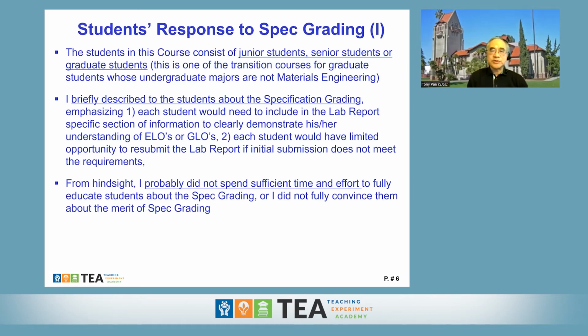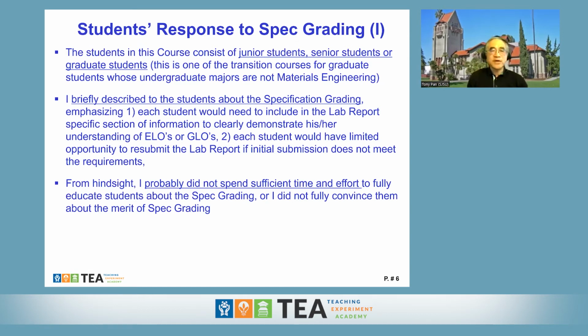So all those students have been around for a long time, not freshmen and sophomores. I briefly described to the students the spirit of spec grading, and I emphasized that each student will need to include in the lab report a specific section and analysis for those ELOs and GLOs.